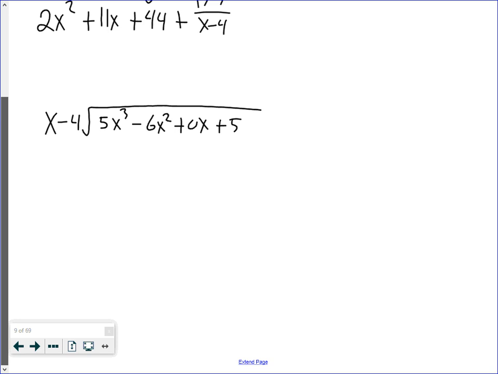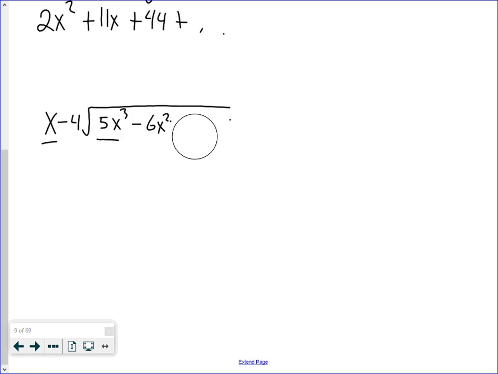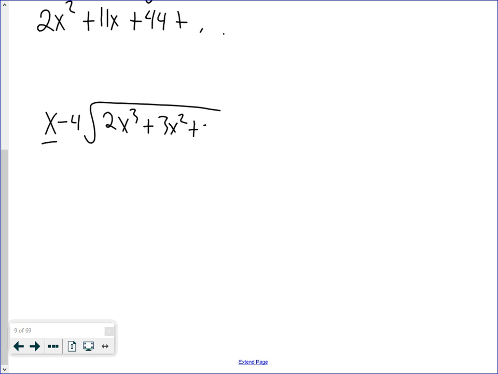Anyway, now we're going to do long division. We're going to see how many times x goes into 5x cubed. I'm sorry, not 5x cubed, I was looking at the wrong problem. So we're going to rewrite this as the actual problem, which was 2x cubed plus 3x squared plus 0x plus 1.